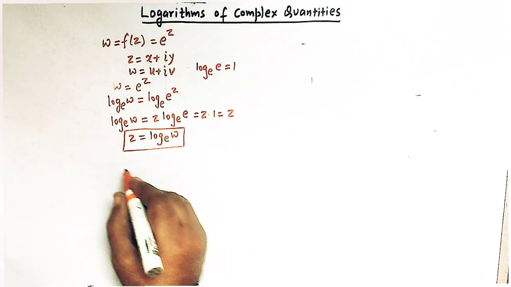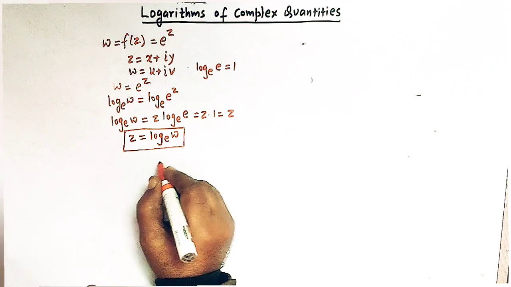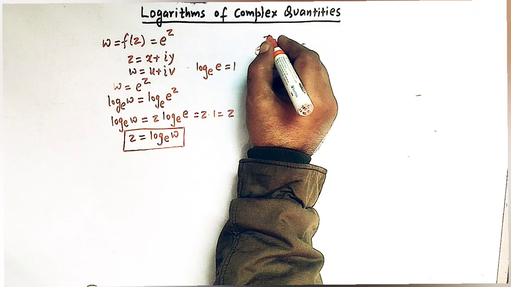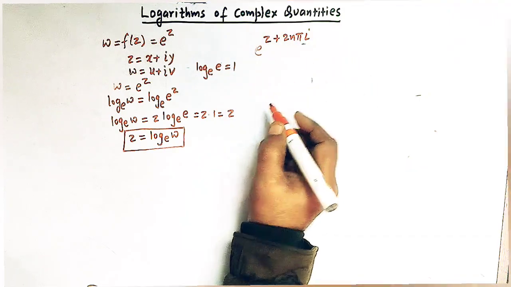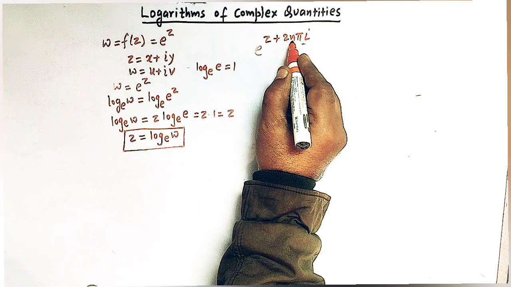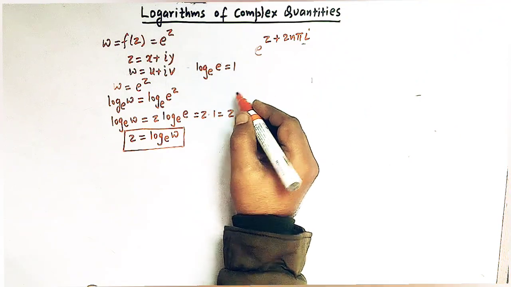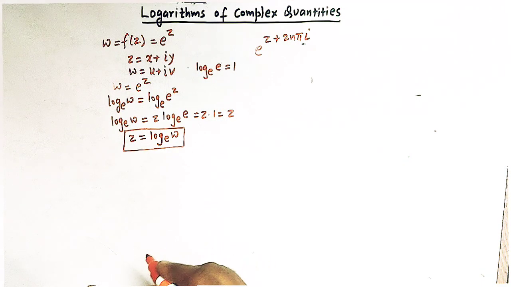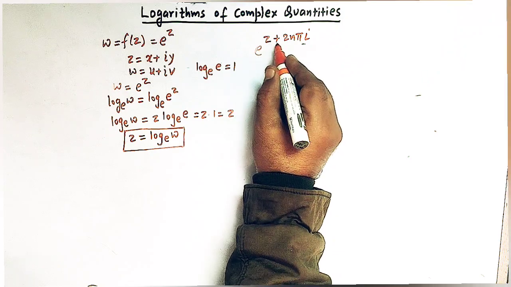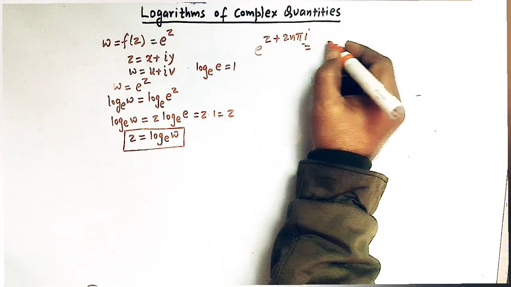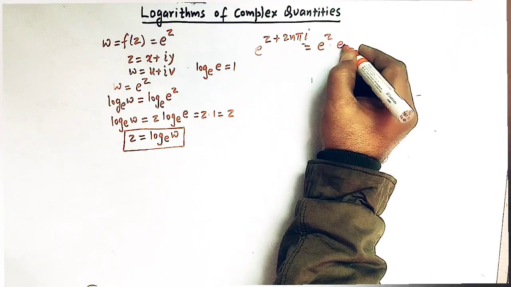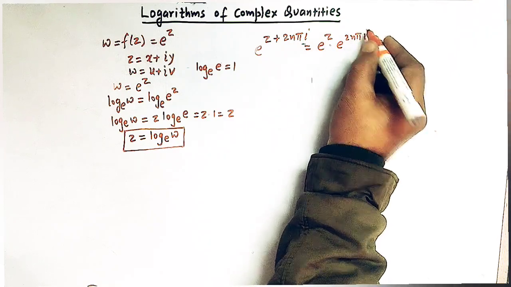So now consider this expression, e raised to z plus 2n pi iota, where this n is either 0 or a positive or negative integer. Now e raised to z plus 2n pi iota can be written as e raised to z times e raised to 2n pi iota.